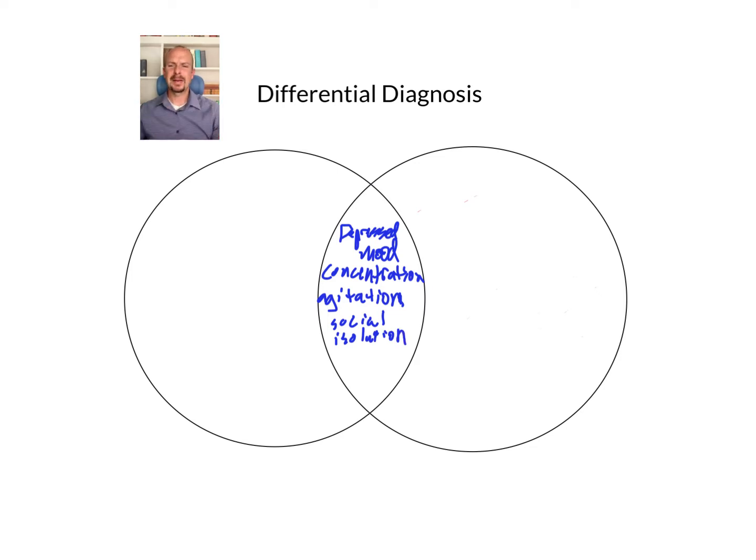Let's say we had these symptoms come up, and the person presented primarily with depressed mood. Originally we might be leaning towards major depressive disorder as the primary diagnosis.